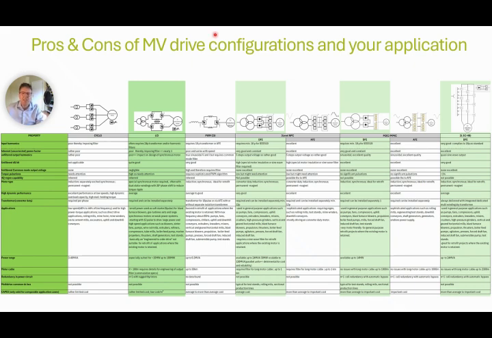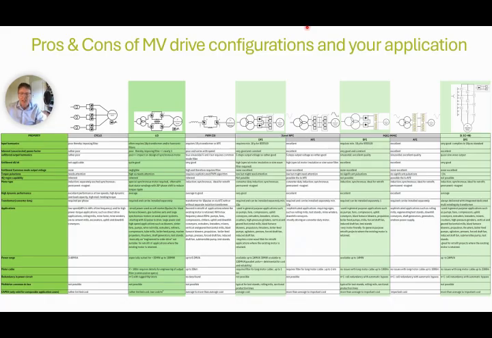The LCI often requires at least a 24 pulse in-feed. The pulse width modulation current source inverter, PWM CSI, needs at least an 18 pulse in-feed transformer, or it must be paired with an active front end to ensure a clean power supply.